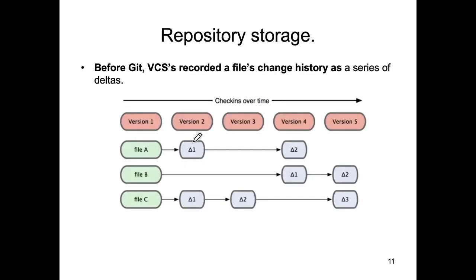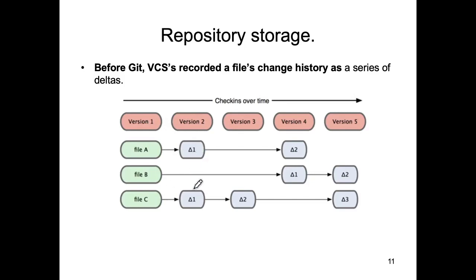Now, the way version control tools used to work is what they saved inside the repository were the changes that you have made to the files, or the deltas as they're called. And that's what I'm representing here and here. It's storing the changes, the parts of the file that you have changed. So now I have 2 copies of my project in my repository, the initial one, and essentially this one.